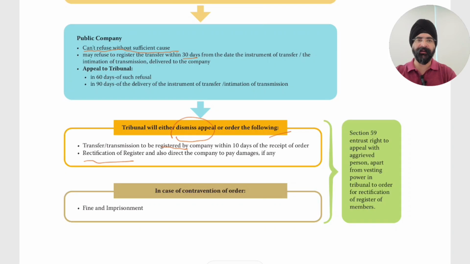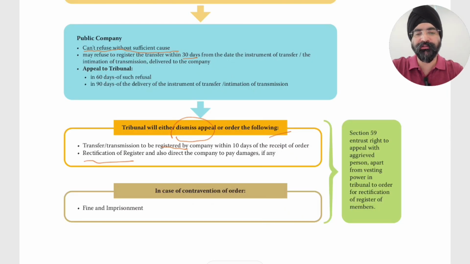So if tribunal finds that the register of members is incorrect, then it will order the company to rectify its register and direct the company to pay damages caused to the shareholder.